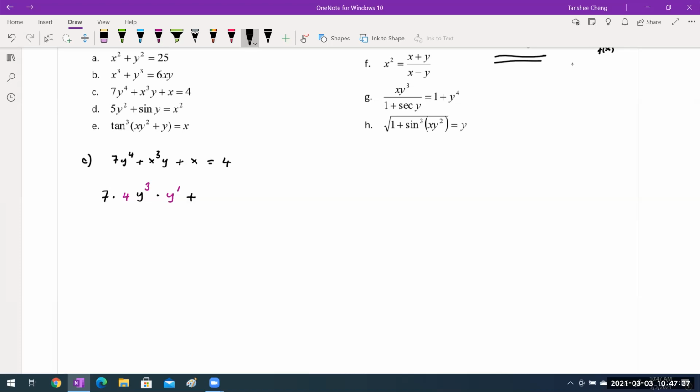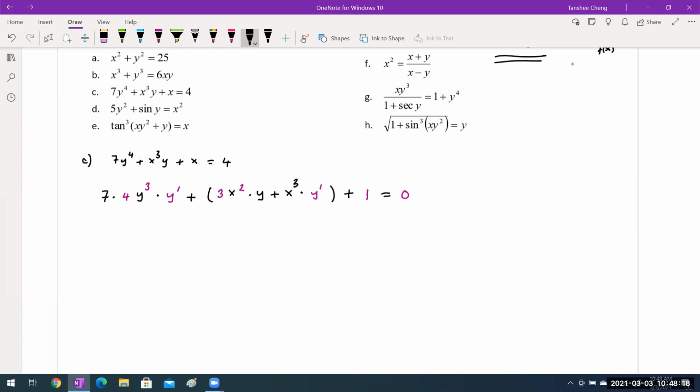And then plus, for the second term I need to use the product rule. So first taking derivative of the first factor, bringing down the 3, left with x to the second power times the second factor, which is y, and then plus the first factor times the derivative of the second factor, which is derivative of y with respect to x, dy/dx. And then plus the last term, derivative of x is 1, equal to derivative of a constant, which is 0.